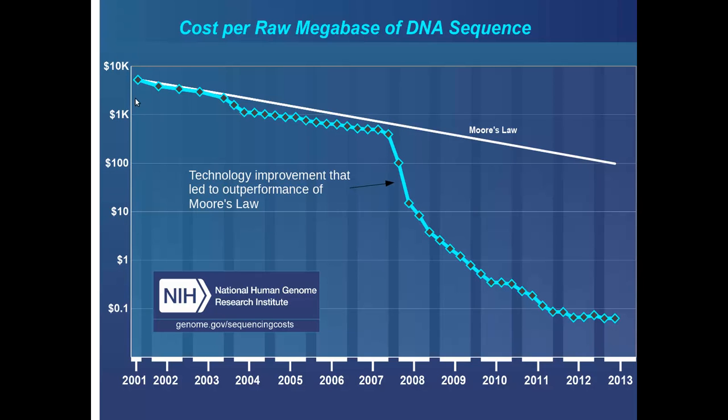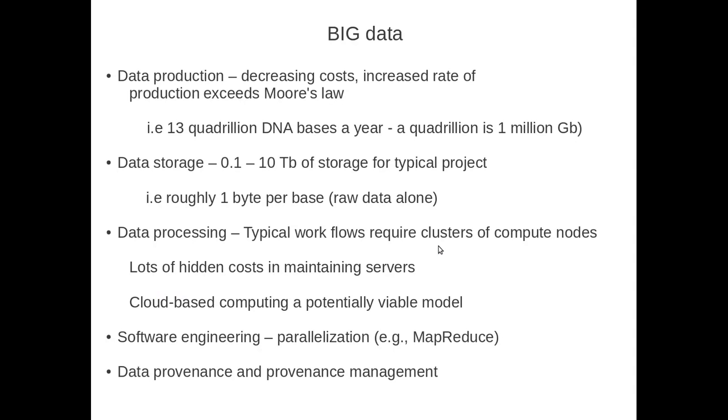I don't know what the axis here actually is, but the point is to show that the decrease in cost of sequence acquisition was roughly related to Moore's law, but then in 2007 there was a jump in technology, obviously the next generation sequencing technology, that led to this massive departure. We're collecting far more data, and there's this rate of increase as the technology took off.